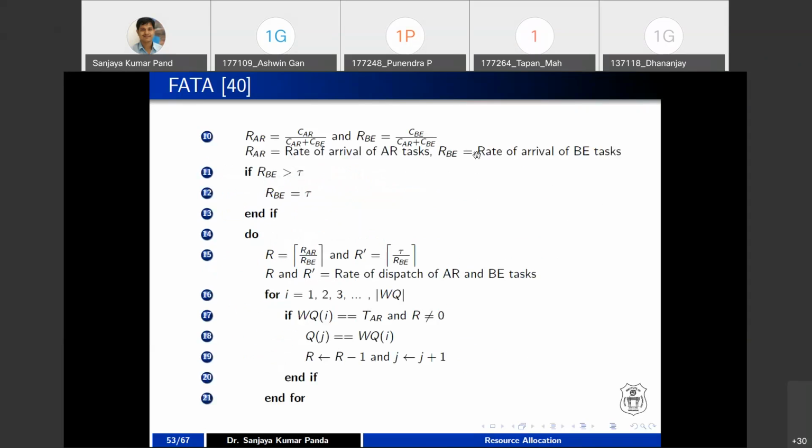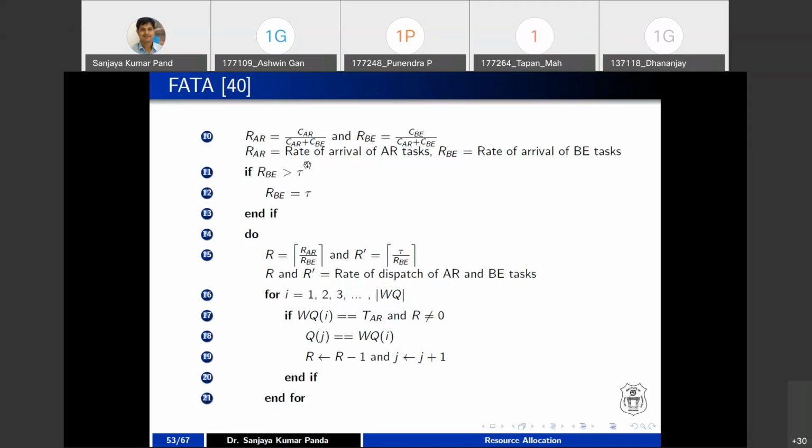Once you find this count, you can calculate the rate of arrival of AR, which is the total number of AR leases in the numerator, divided by the total number of AR plus B leases in the denominator. And you have to take a threshold, that is tau. Selecting this tau value is very difficult.